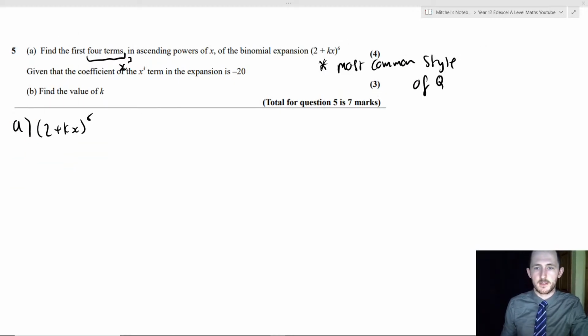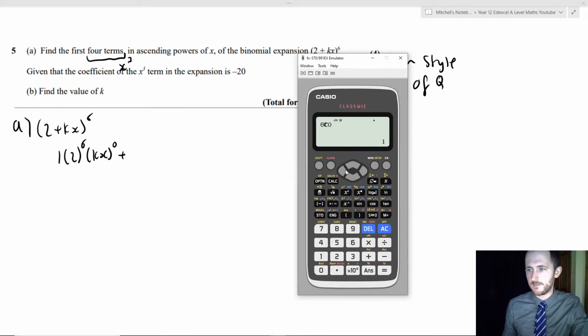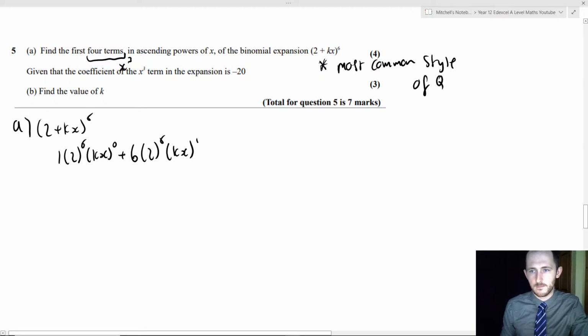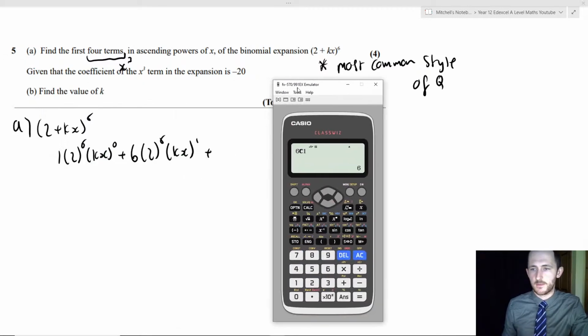I'm absolutely shocked. And it's ascending power. Which means we're starting with 2 to the power of 6, kx to the power of 0. Again, it's the first 4 terms.